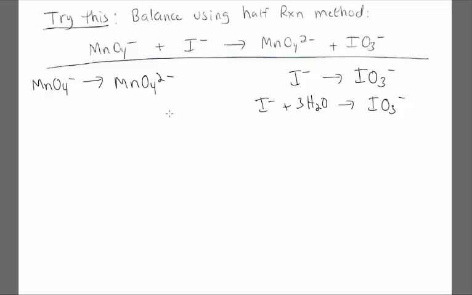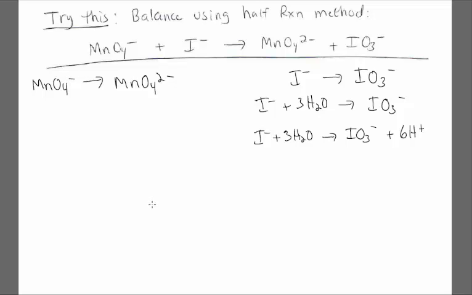We don't need anything here, but we need to now balance the hydrogens using H+. So we'll need them on the other side. I minus plus 3 waters give you iodate plus 6 H+. We are balanced in all atoms.